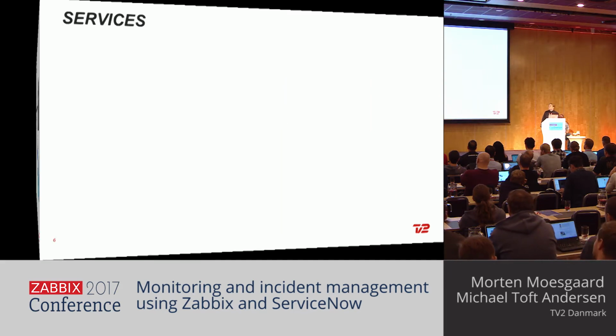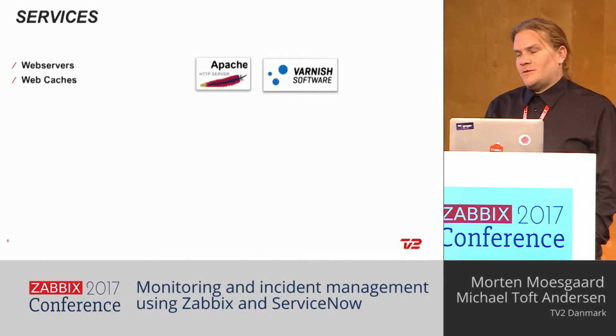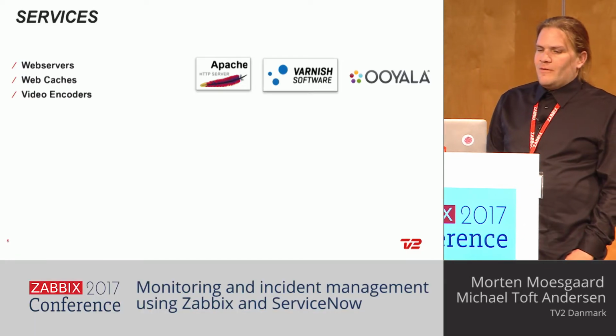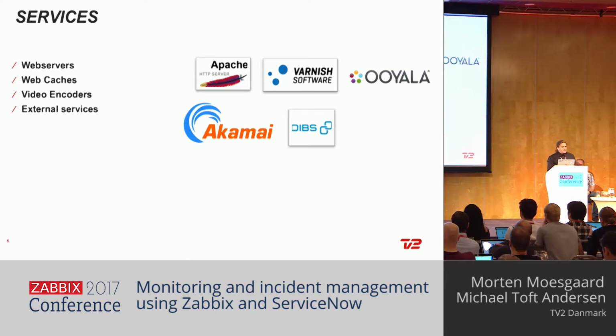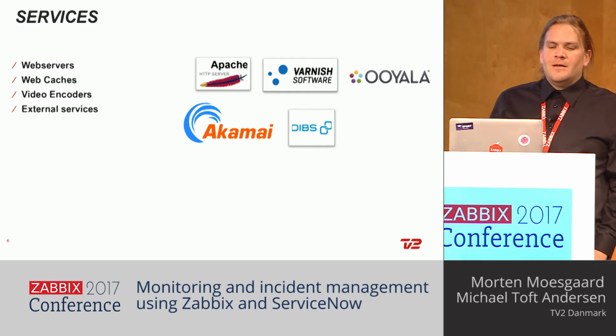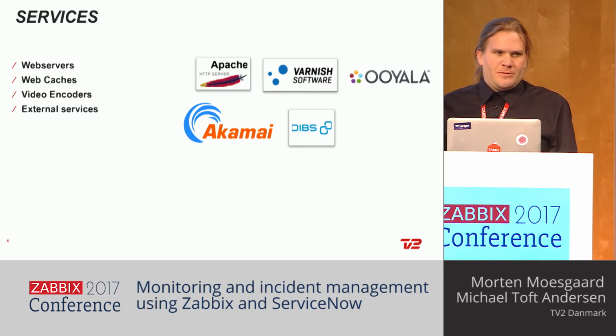The things we monitor are web servers and web caches. And then we have video encoders. We also have some external services, like payment services, and then video on demand, CDN content around the globe.